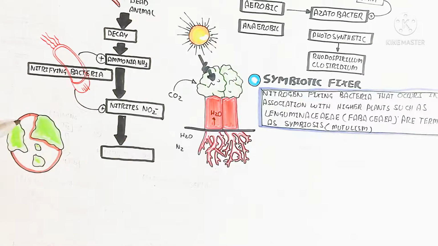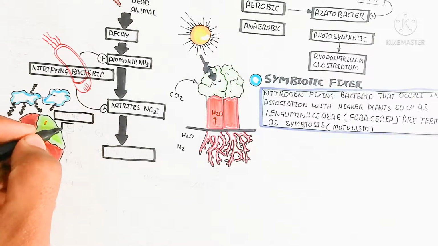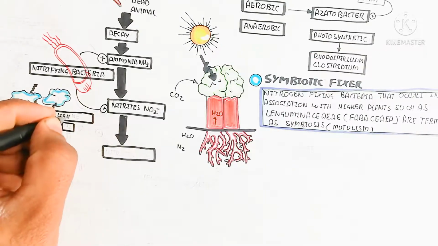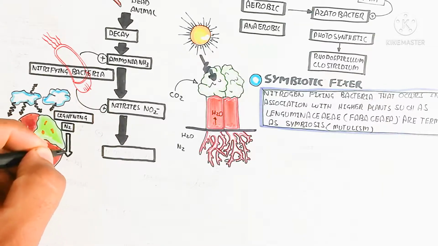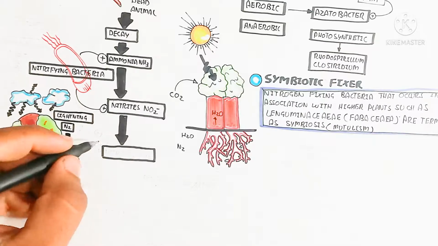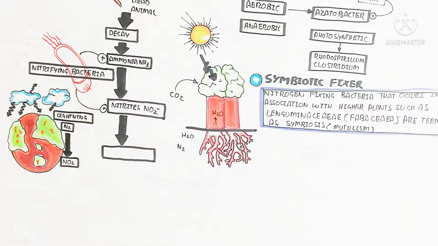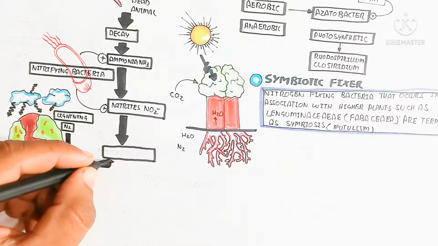Here I am drawing the atmosphere containing nitrogen. Nitrogen is 79% of the atmosphere. During thunderstorms, clouds produce lightning, and the lightning converts nitrogen into nitrates. This conversion due to thundering is an important thing to understand, and the products are then fixed by bacteria.